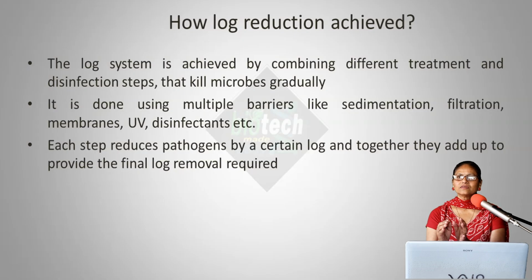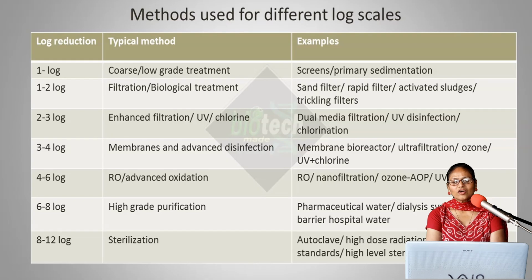Suppose 4 log is required. For achieving 4 log, it's not necessary that we use just one method. We can use many methods, and gradually it will remove the viruses, and ultimately the cumulative effect will be what is actually required.